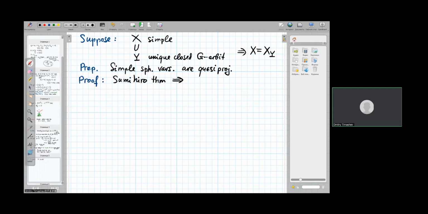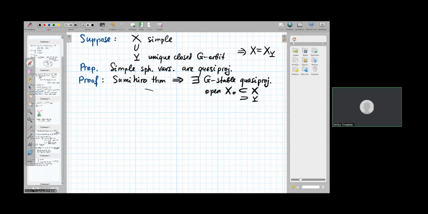And if we take a point in the closed orbit, then the quasi-projective G-stable open neighborhood of this point will contain the whole orbit. So Sumihiro's theorem implies that there exists a G-stable quasi-projective open subset, say X naught in X, containing the closed orbit Y.